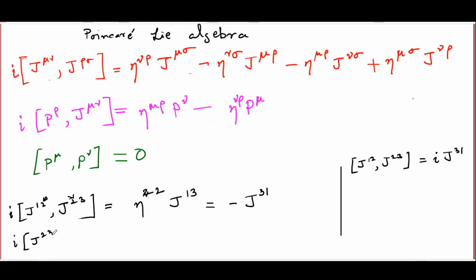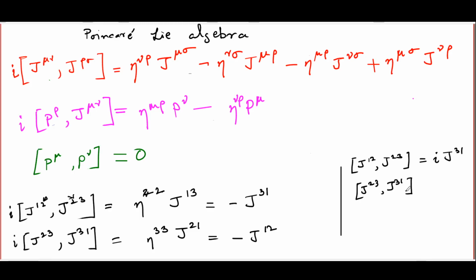I, J23, comma, let's say J31. Once again, it is the two near indices which are equal, so you will get eta 33, J21, which is minus J12, and we end up with the commutator of J23 and J31 being I J12.